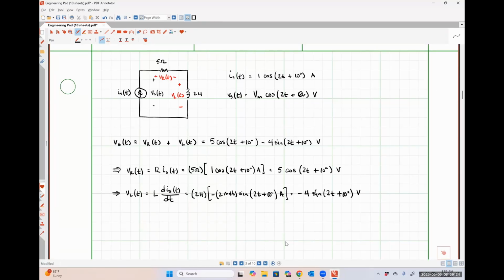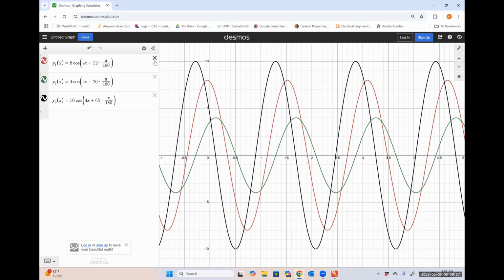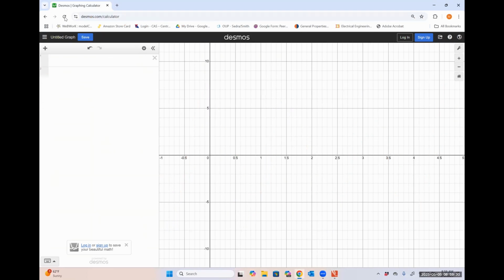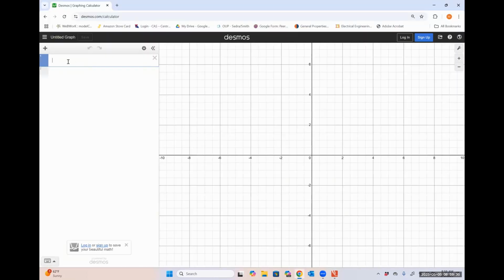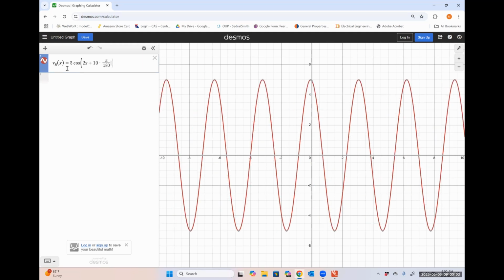So 5 cosine 2t plus 10 degrees. All right, so let me get rid of all of this stuff, and then let me just refresh. So let's call VR 5 cosine 2x plus 10 degrees. And once again, I'm just going to multiply by pi over 180 so that my angles come out okay.